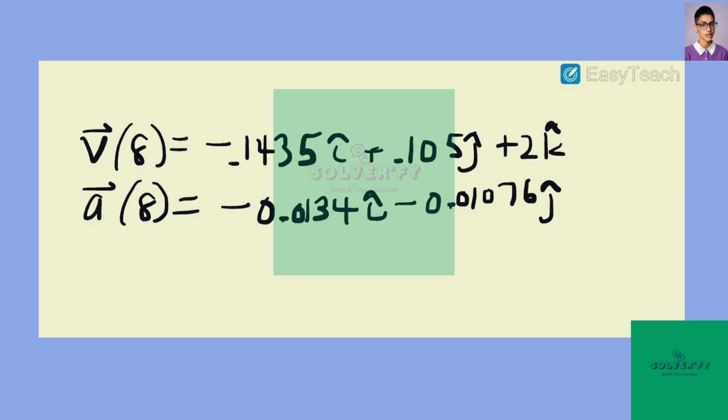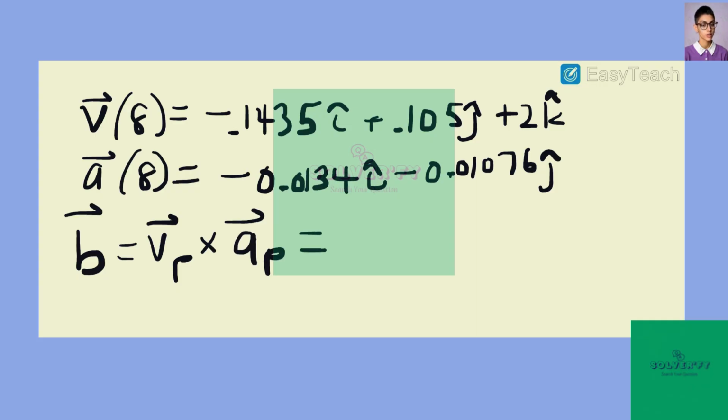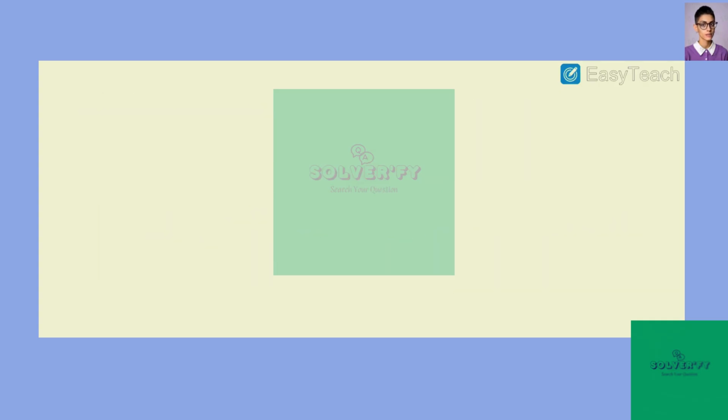So what we can do is take the cross product, and we'll see that this vector b, which will be equal to v cross a, gives us a vector that is equal to 0.0215 i hat minus 0.0279 j hat plus 0.003 k hat.